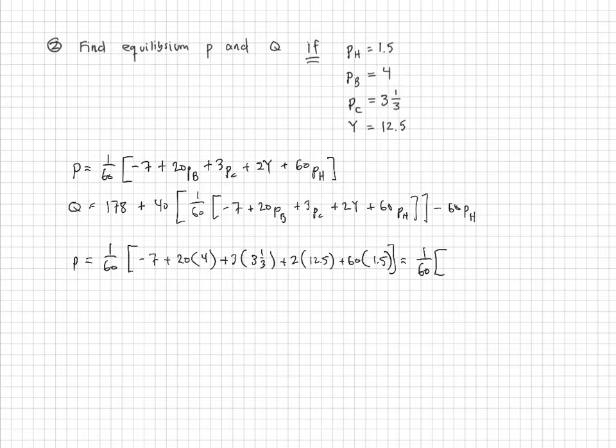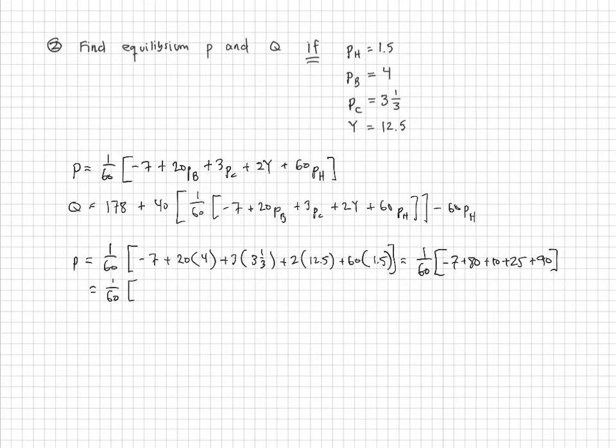Just going to put these together. So it's 1 divided by 60, and then we have minus 7 plus 80 plus 10 plus 25 and now plus 90. So let me collect all those values again.